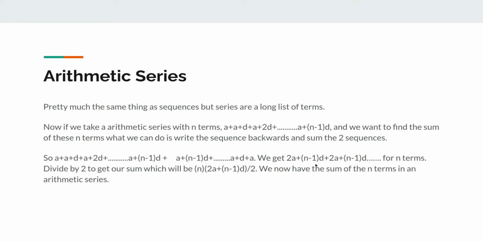You're going to get (2a plus (n minus 1) times d) for each of the n terms. So divide by 2 to get your sum, which will be n times (2a plus (n minus 1) times d) over 2. So that's the general sum for any arithmetic series.